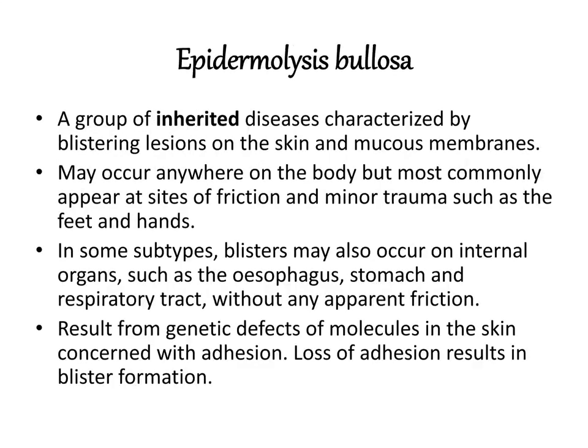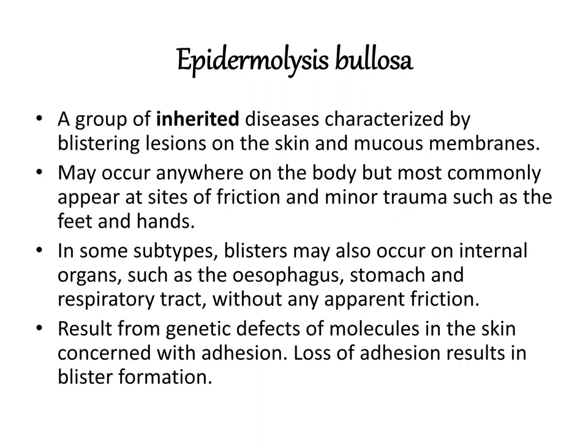So now we will discuss a few things about epidermolysis bullosa. We are moving from immunobullous diseases to mechanobullous diseases. This is a group of inherited diseases characterized by blistering in the skin and the mucous membrane. It may occur anywhere on the body, but commonly appears at sites of friction and minor trauma.